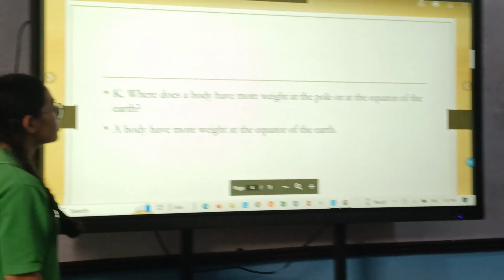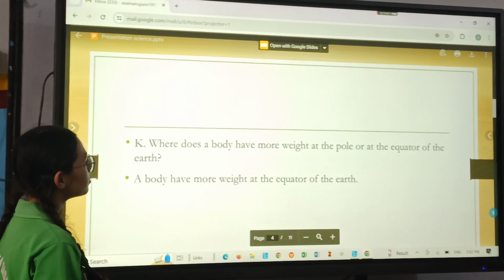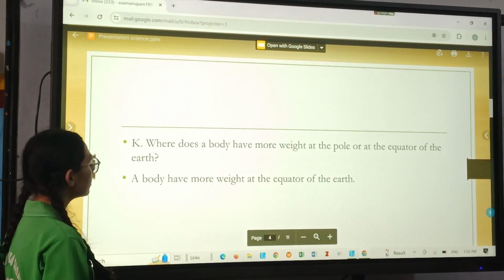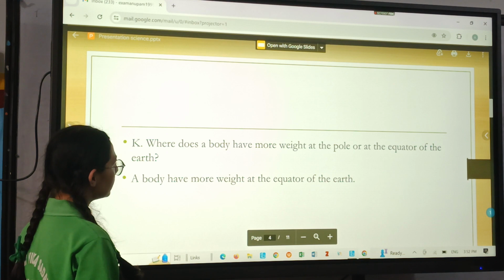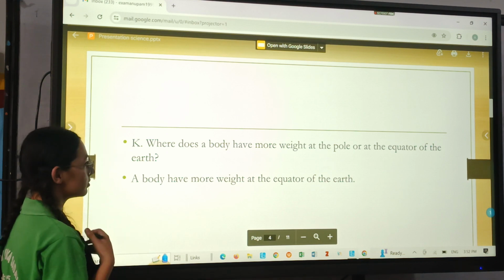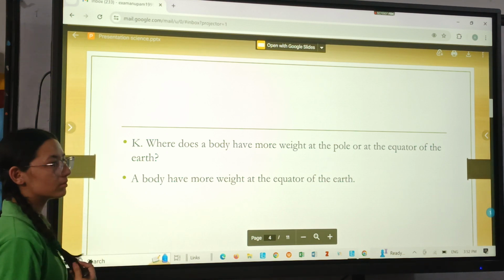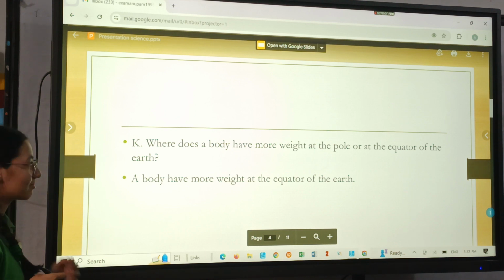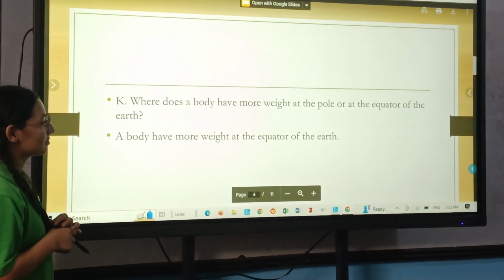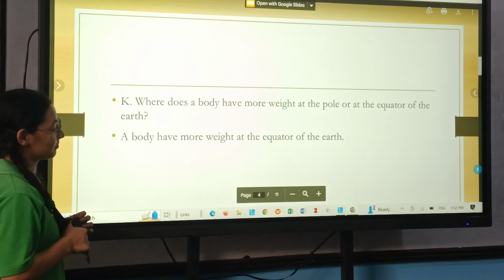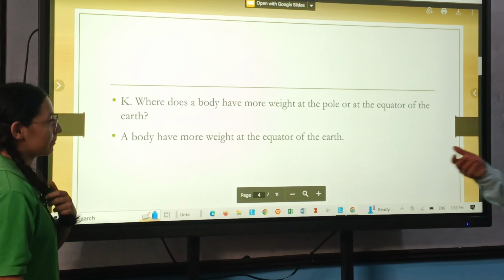Where does a body have more weight, at the pole or at the equator of the earth? A body has more weight at the equator of the earth. You're also wrong. A body has more weight at the poles. Why? At poles, the radius is shorter, so the value of acceleration due to gravity is more.